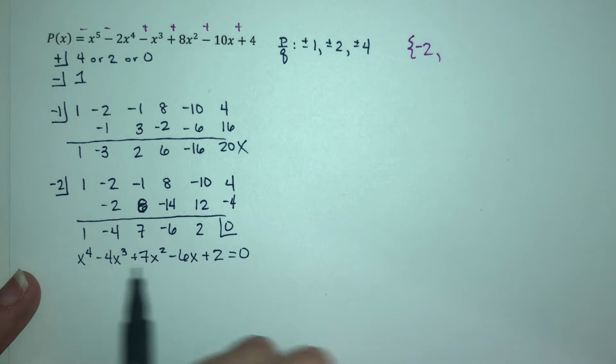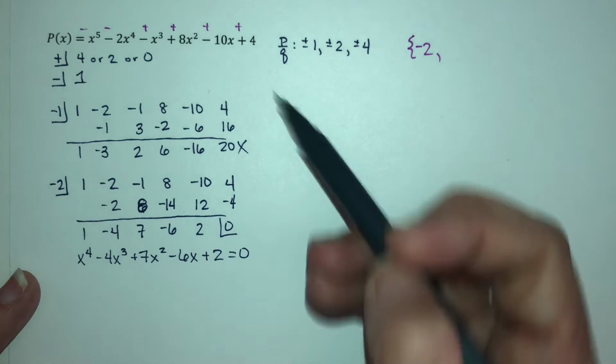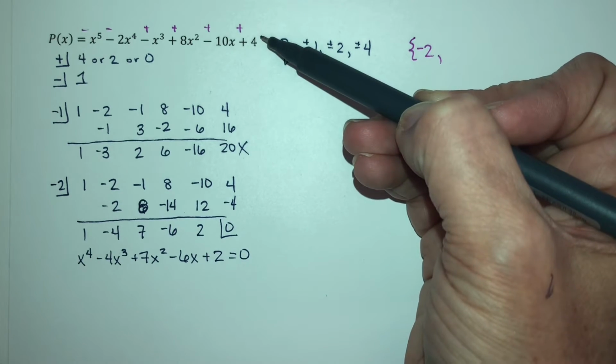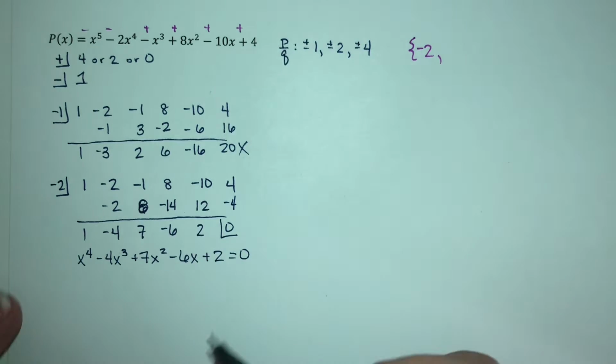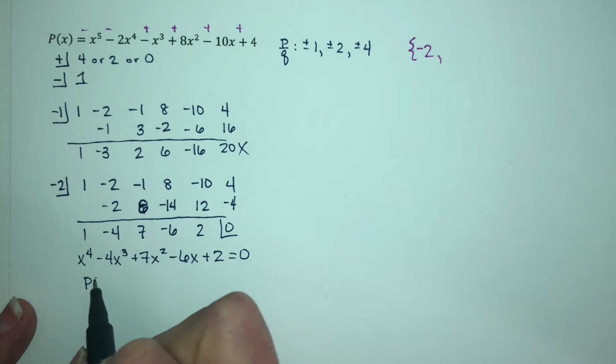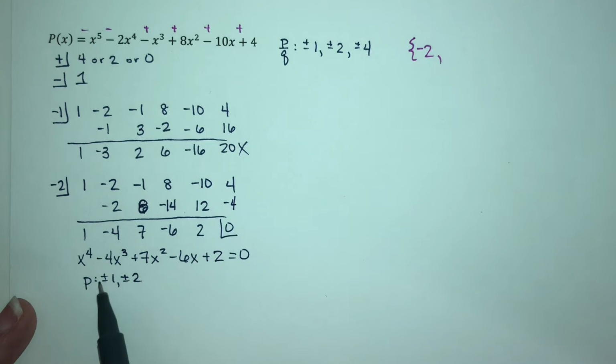I can reduce the number of things I have to check because now my p-value comes from a 2 instead of a 4. So my new p over q values, q is still a 1 here, are ±1, ±2. And since I know negatives aren't the solutions, I just need to test 1 and 2 now.